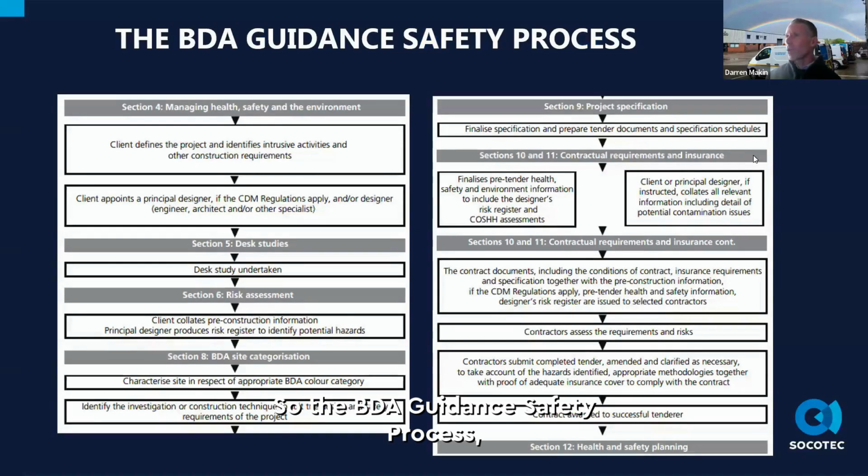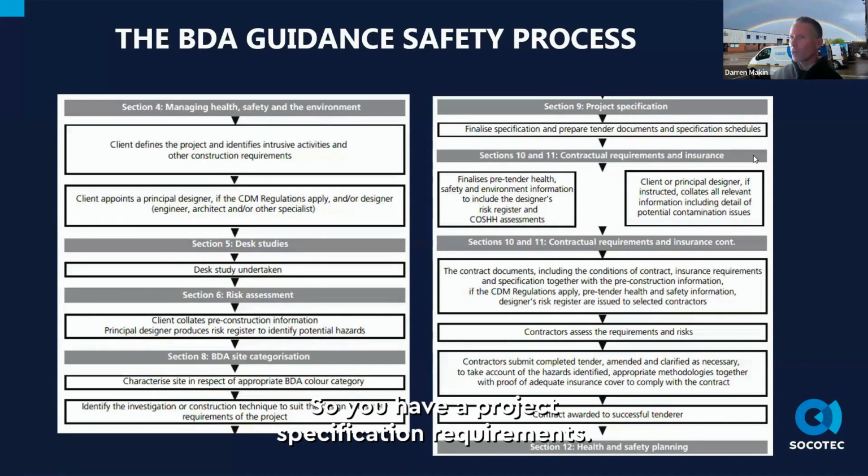So the BDA guidance safety process in the document gives you a chart of the whole process, starting from managing health and safety and environment through to the contract award and delivering a ground investigation. It has various steps to get there. The first part on the left is the information required to get to your BDA site categorisation.